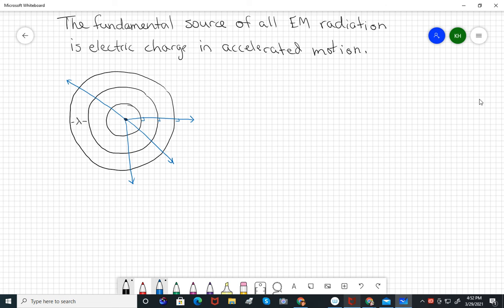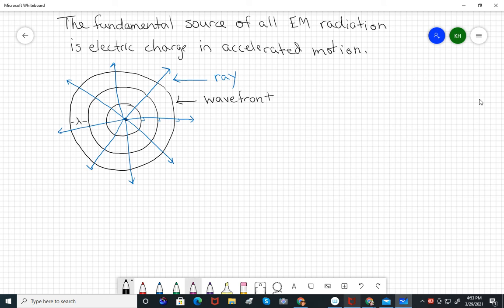These lines that I'm drawing that are perpendicular to the crest or to the wavefronts are called rays. So this would be a ray, and this would be a wavefront. And they are always going to be perpendicular to each other.